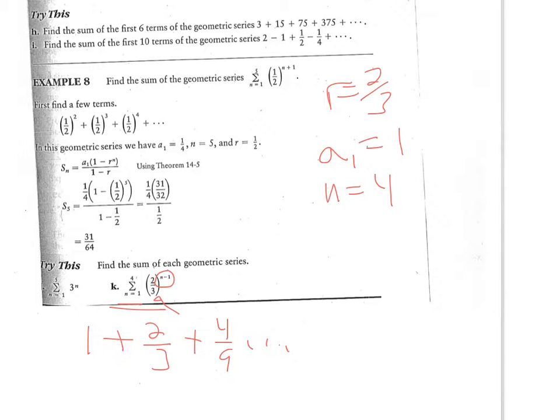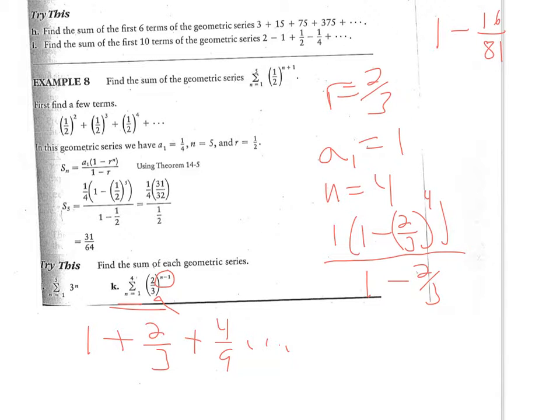So to use the formula, 1 times 1 minus 2/3 to the 4th power, all over 1 minus 2/3. Well, that leading 1 right here, I'm going to kind of ignore it. I'm just going to deal with what's inside. So 1 minus 16 over 81. So that becomes 81 over 81 minus 16 over 81. And 81 minus 16 is 65.